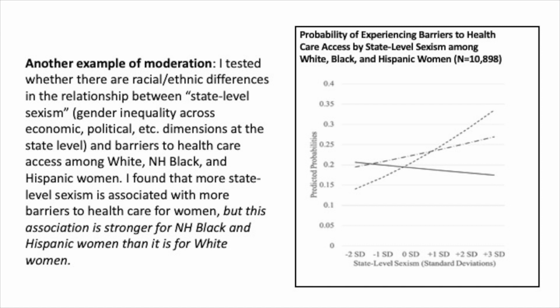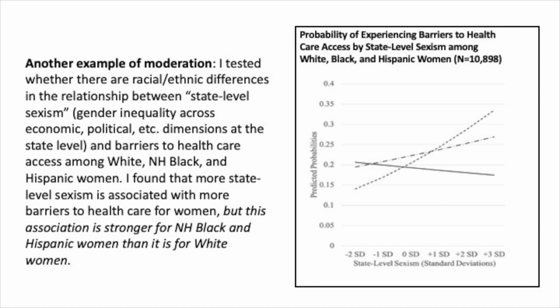We can also look at political inequality, so gender inequality in representation in state legislature. And so we created this combined score of state-level sexism. And then we were looking at how state-level sexism is related to healthcare access, or particularly barriers to accessing healthcare. So our key independent variable here is state-level sexism. Our dependent variable is barriers to healthcare access.